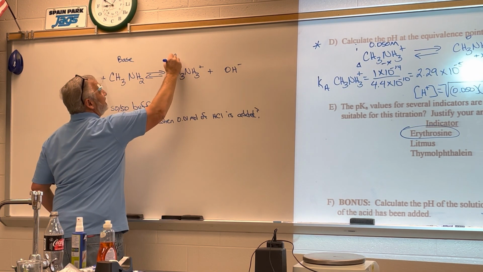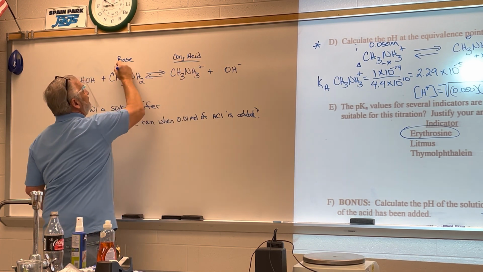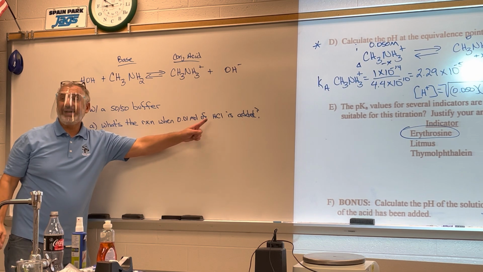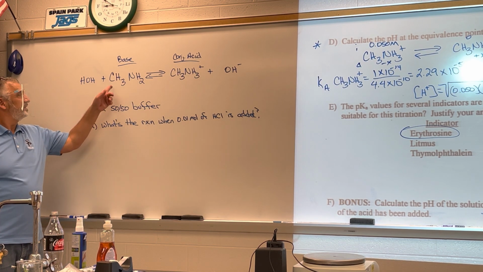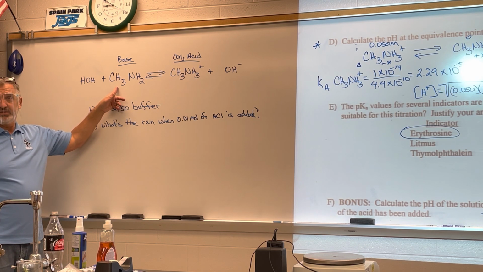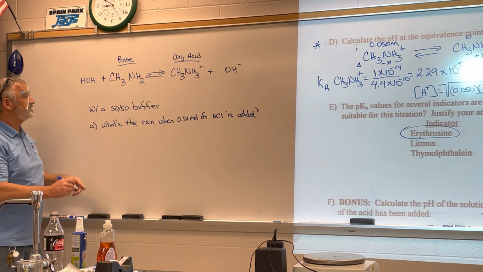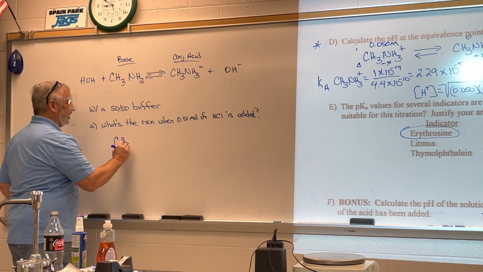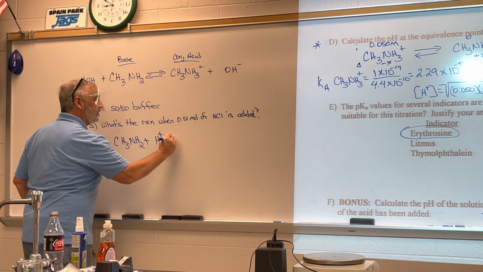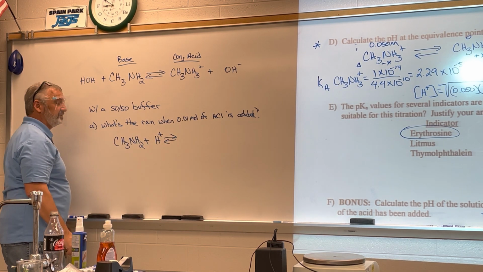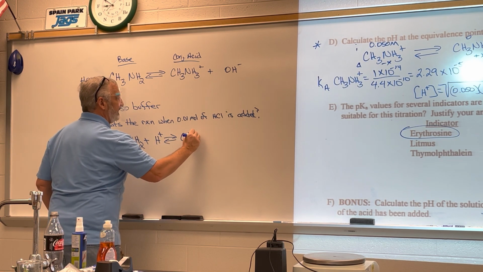So that makes this the conjugate acid. Which one is the acid going to react with? The base, right? Acids react with bases, not with another acid. So it's going to be CH3NH2 plus H plus, we don't need it, and that's going to go to CH3NH3 plus.